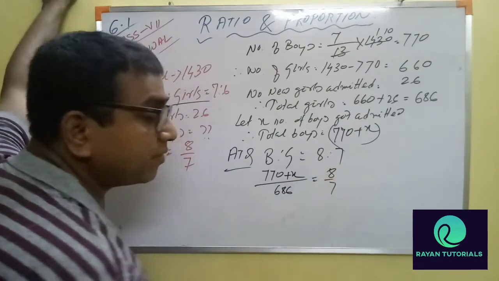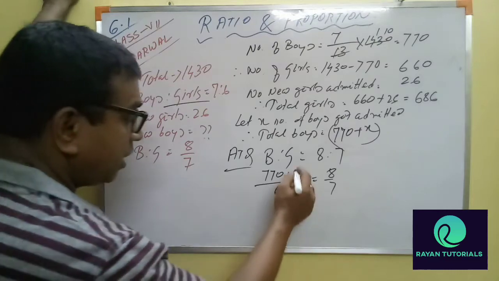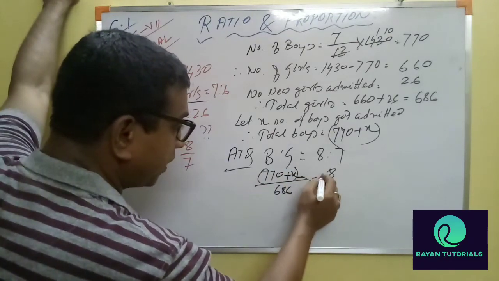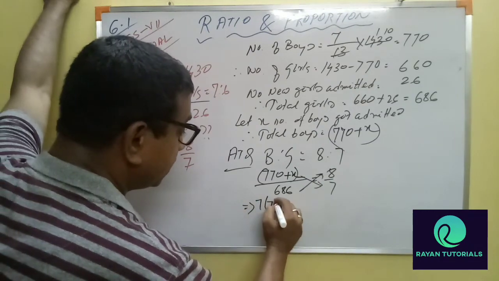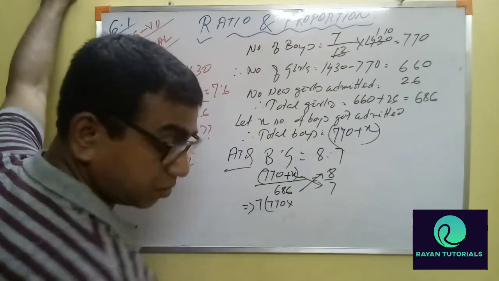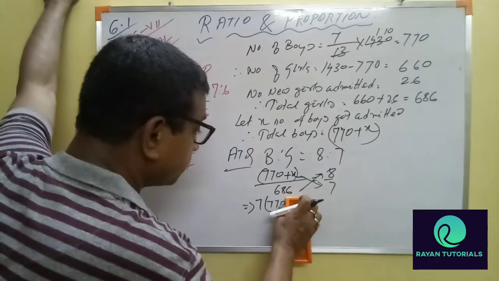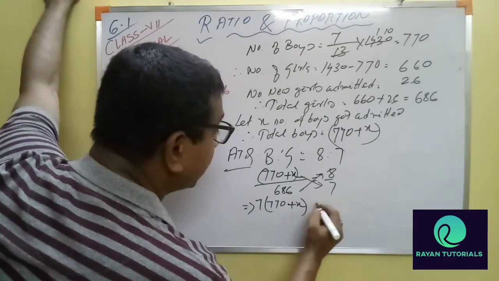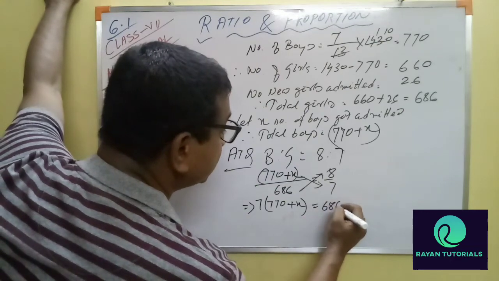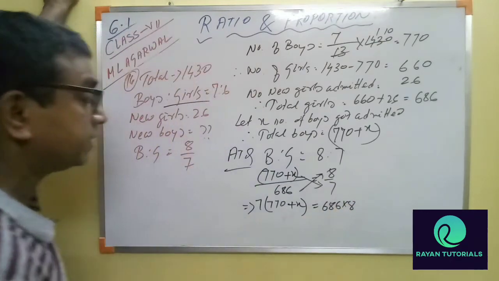Equals 8/7. So cross multiply. That means 7 into (770 plus X) is equal to 686 into 8.